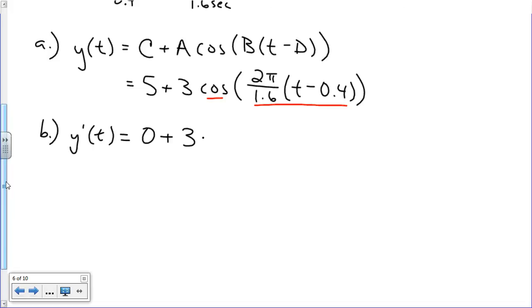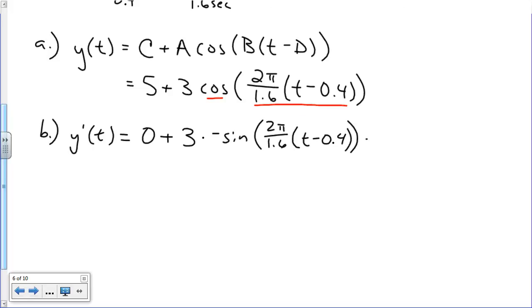So derivative of my outside function, derivative of cosine is a negative sine, and I'm going to evaluate that at the inside function. Derivative of the outside is the first step of chain rule. Evaluate at the inside. 2 pi over 1.6 times t minus 0.4 is the inside function.